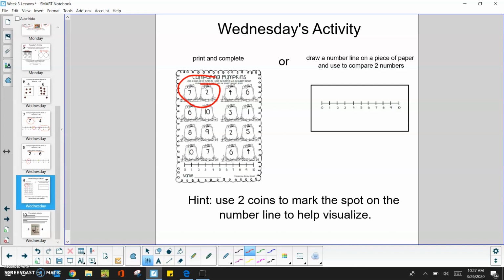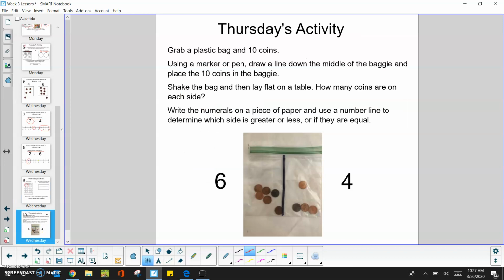Tomorrow's activity for Thursday, I thought it would be fun to do a little bit of a game. All you need is a plastic bag. I used a sandwich bag in mine, and I used a marker to just make a line down the middle. I put 10 coins in my bag, and all you have to do is shake your bag and then lay it down flat on the table or on the floor and count how many coins are on each side.